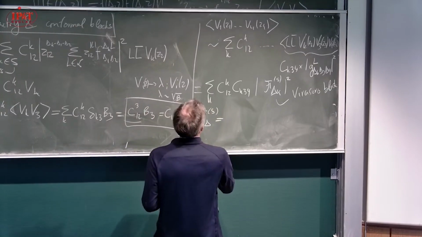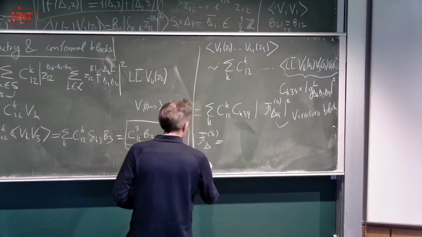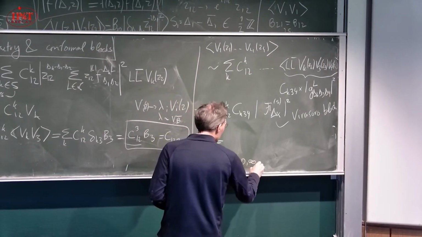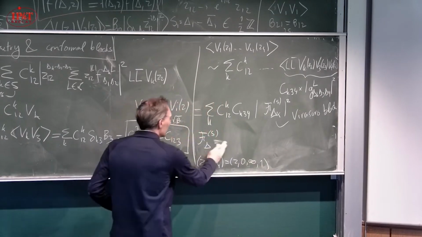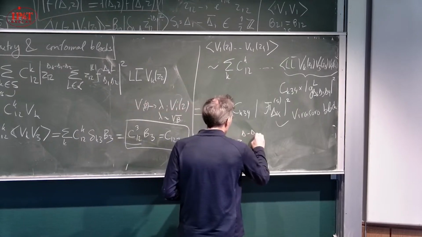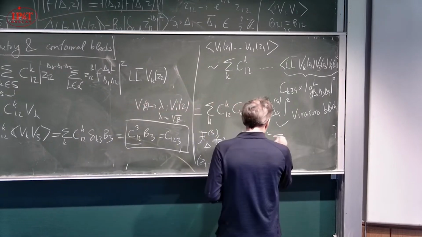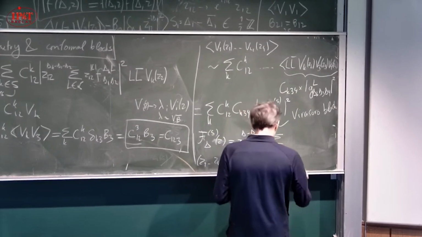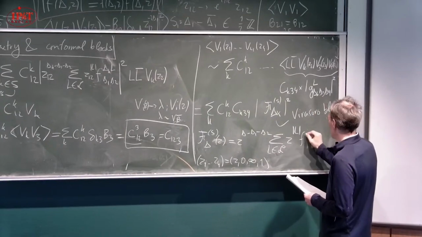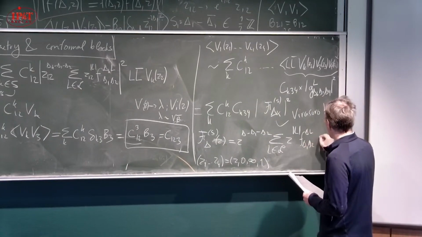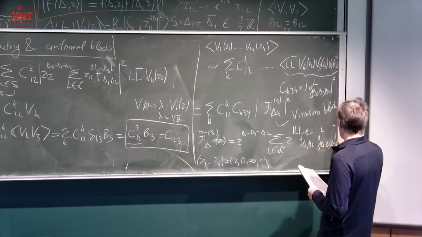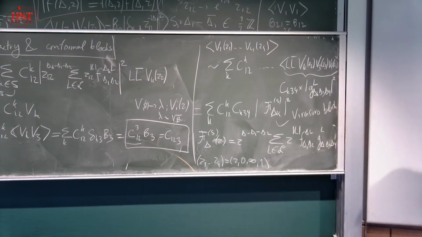To make life simpler, I'm assuming again that V1, V4 are at 0, infinity, and 1. So then it's just a function of z. And this function is z to the Δ minus Δ1 minus Δ2 times the sum over descendants of z to the N times F_{Δ,L,Δ1,Δ2} G_{L,Δ,Δ3,Δ4}.